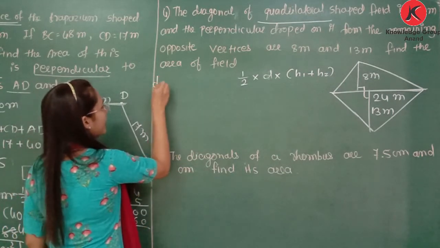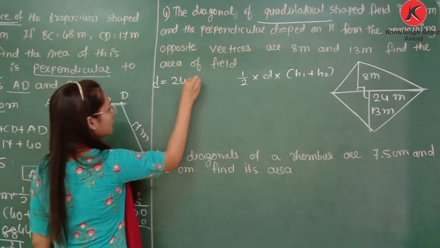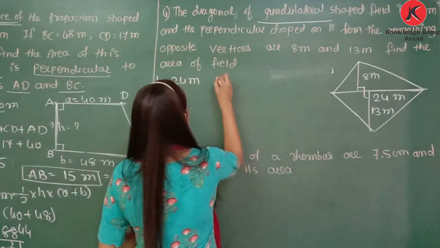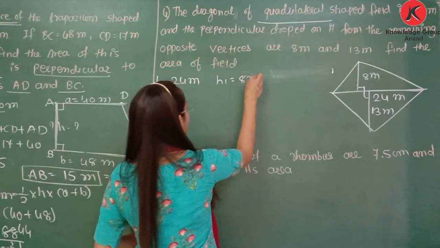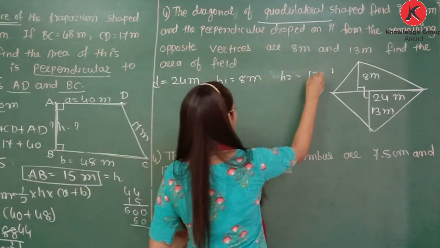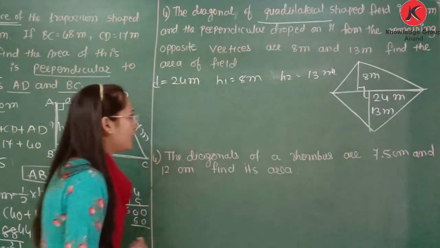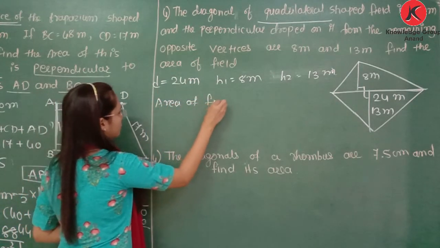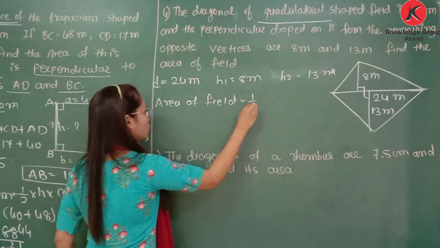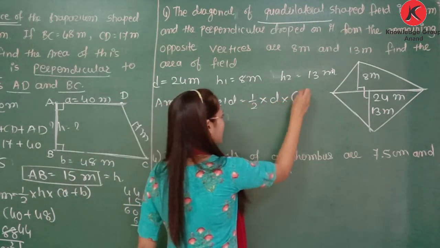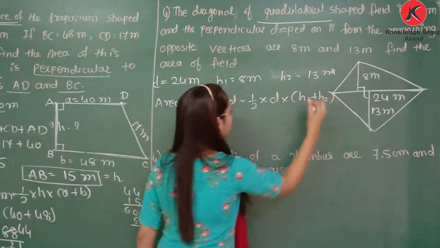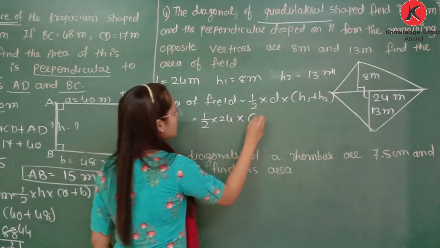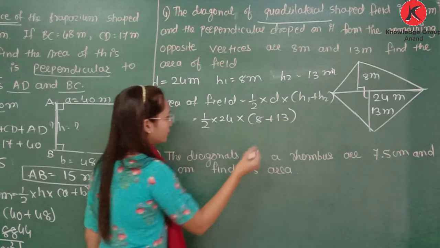So here d is equal to 24 meter, h1 is given 8 meter and h2 is given 13 meter. So the area of the field is 1 by 2 multiply d multiply h1 plus h2. d is 24, h1 is 8, h2 is 13.